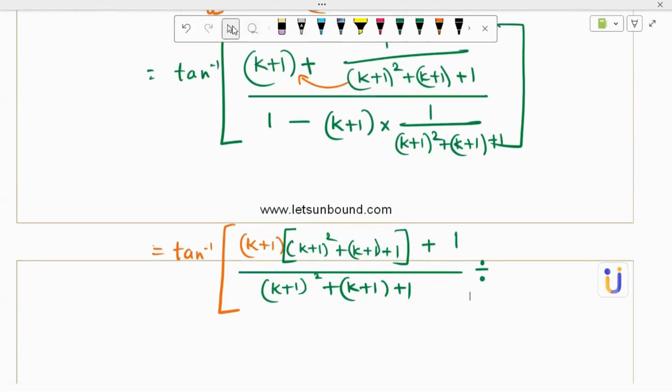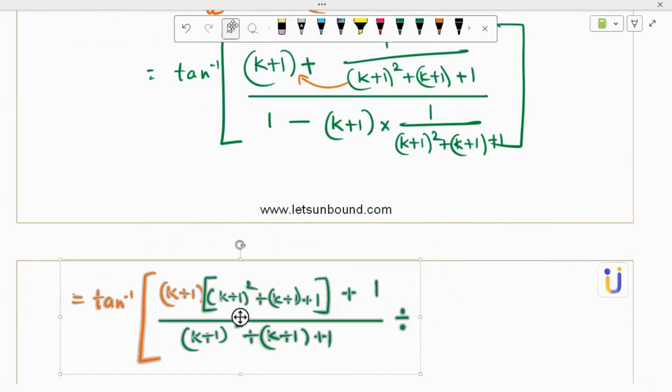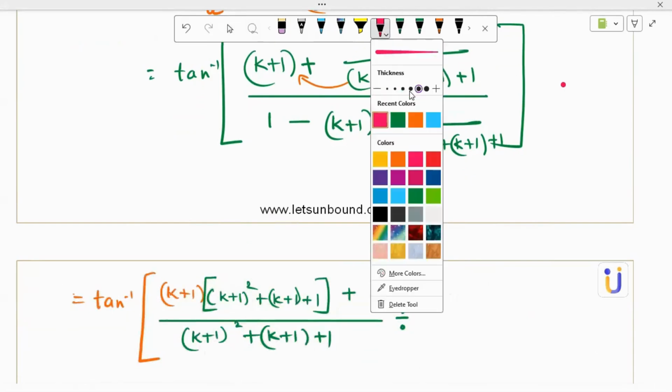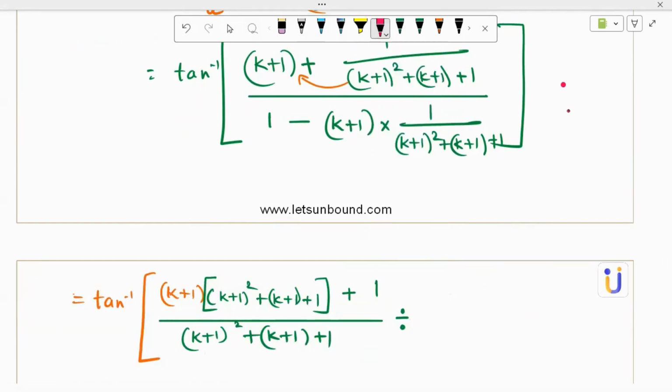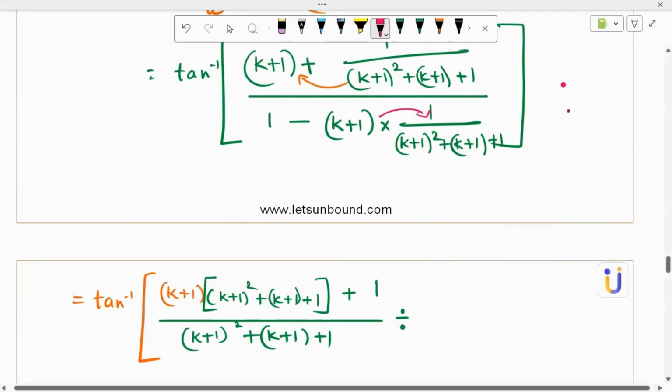Okay, now I'm going to simplify the denominator. Let's move a little over here. Again, cross multiplication. This k plus 1 will go there. So I will get this entire thing multiplied to the previous term. So 1 into the same thing will follow: k plus 1 the whole square plus k plus 1 plus 2.